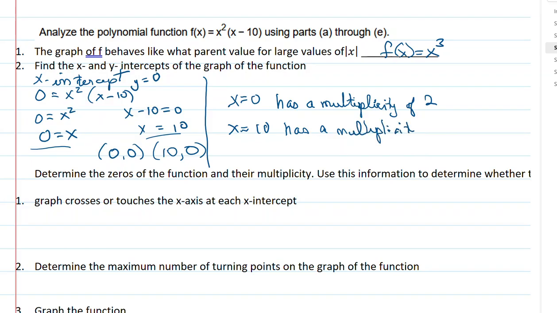Now, the computer wants both because this adds up to the degrees. Everybody comfortable with that? Okay. Oh, and if it touches, here, the multiplicity of 2, what? Touches. And this one is crosses.